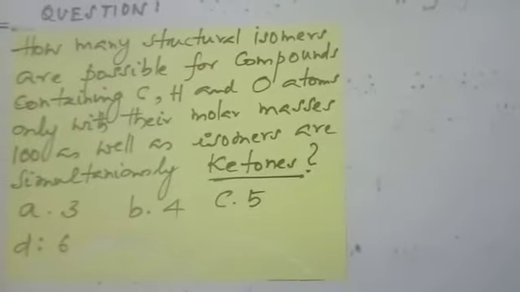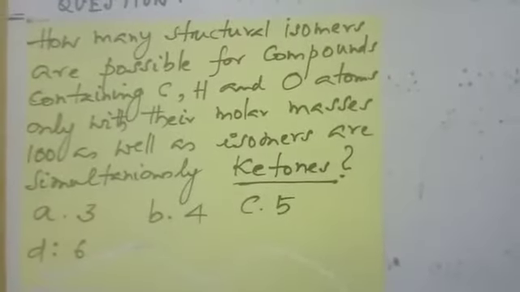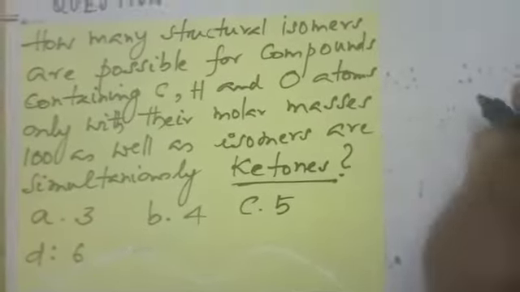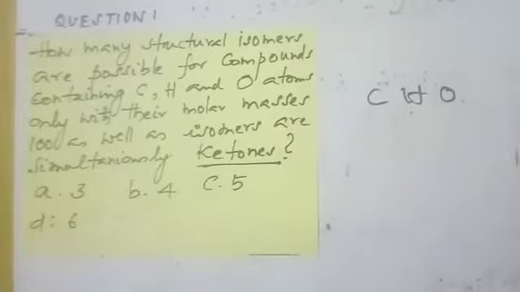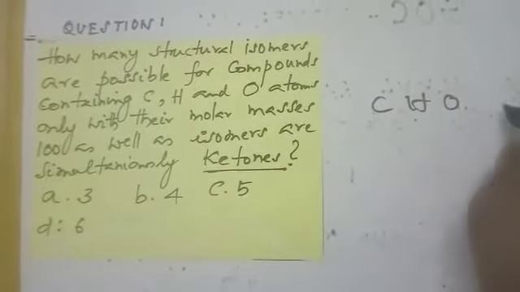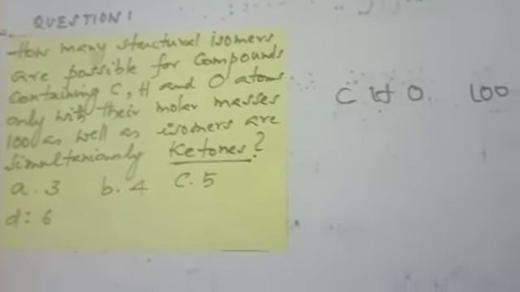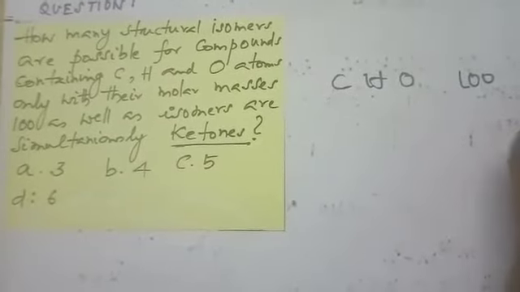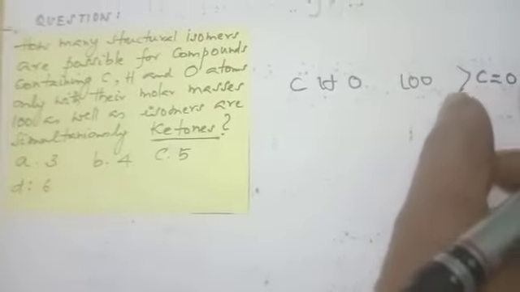Now the question is: how many structural isomers are possible for compounds containing carbon, hydrogen and oxygen, whose molar mass is equal to 100, and which are only ketones? So the isomer is only ketone. Now let us see the general formula. It is given as a ketone.